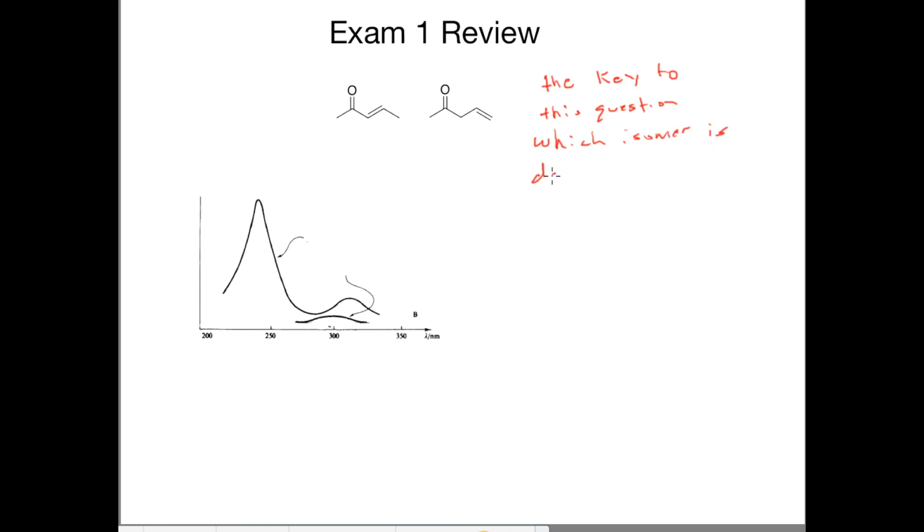The key is which one of these is going to be conjugated, and that's the one I just circled. Notice that the double bond is in conjugation with the ketone there, and so the one to the right is not conjugated.